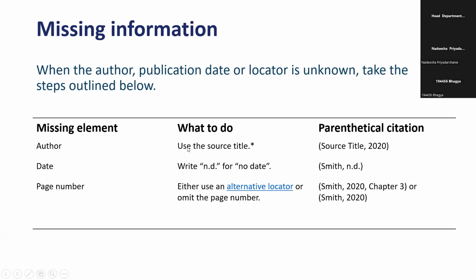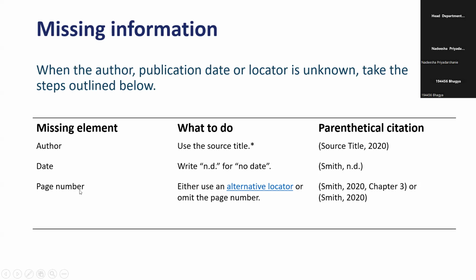We take the title of the article instead of the name of the author. Then if we are missing the date, we put n.d. in the date, which means no date. So this is one example: Smith, we don't know the publication year, so we put n.d.